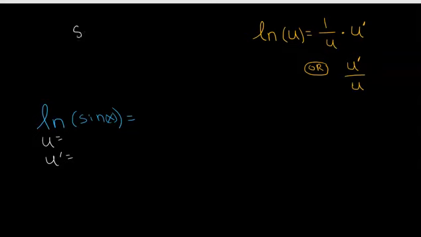In case you're wondering, when you have sine x, the derivative is cosine x. And if you have cosine x, its derivative is sine x, but there's a negative in the front. A lot of people forget where the negative goes. A good way to remember is that it's alphabetical.